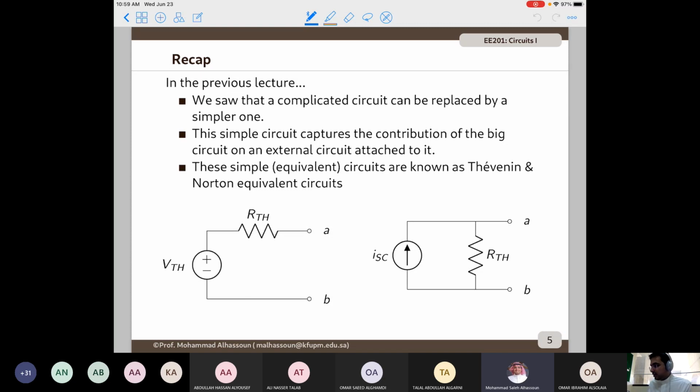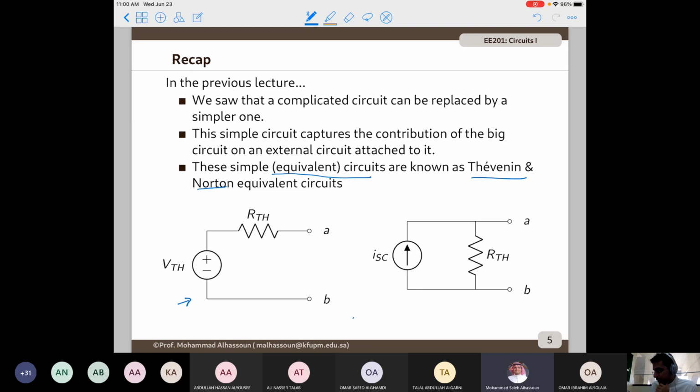This behavior is captured with something called equivalent circuits. We have 2 well-known equivalent circuits. The first one is Thevenin, and the second one is Norton. A Thevenin equivalent circuit replaces a circuit with a voltage source in series with a resistance. And a Norton equivalent circuit replaces a circuit by a current source in parallel with a resistor.